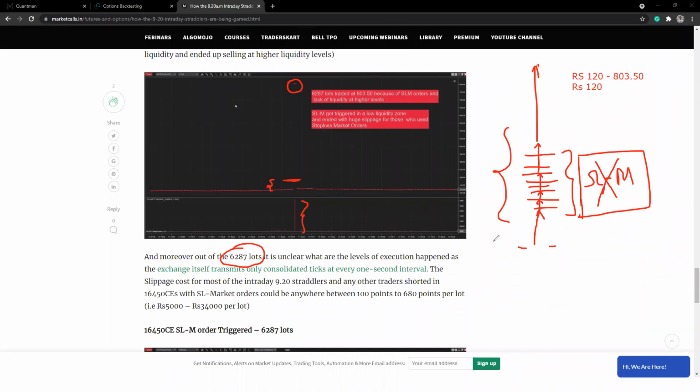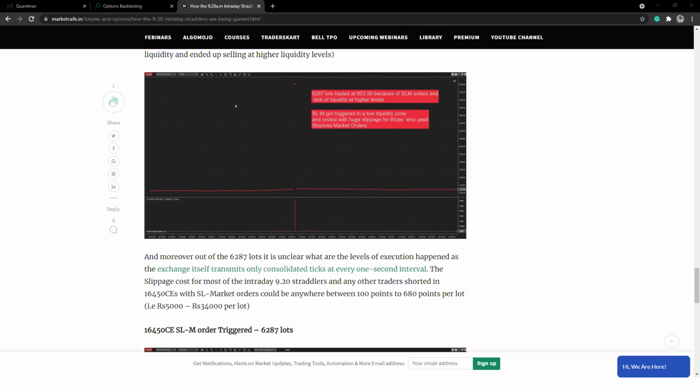If it is a market order, let's talk a little bit about the SL market order. I have only one price over here, the trigger price. Let's say my option price is 100 rupees, the option premium.